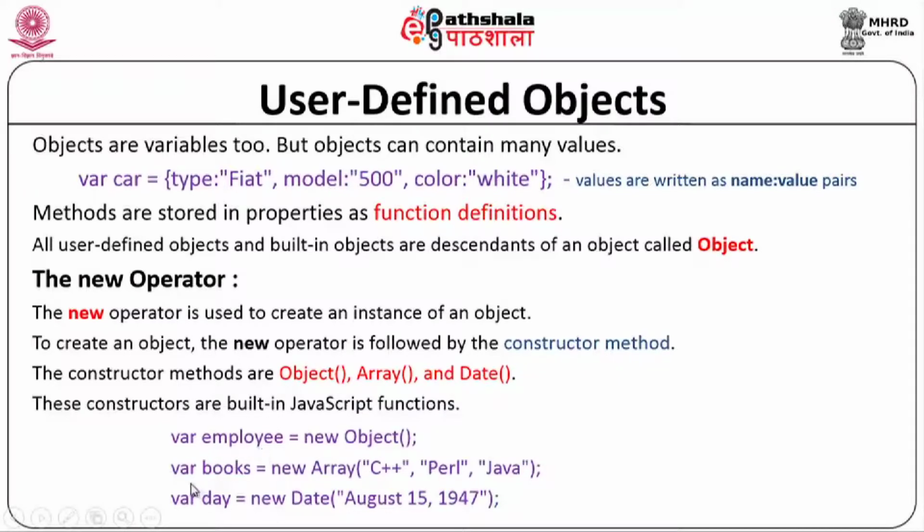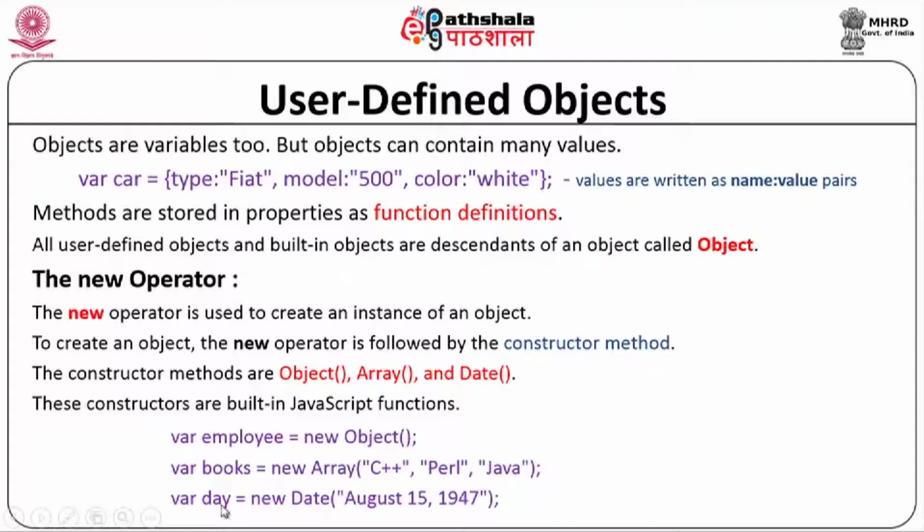Now here you create an array, as we have seen in the earlier slides. Creating an array uses the object name Array. Array is a predefined object in JavaScript. So you create a variable called books and then use the Array object to create an array. In the third statement, you create a date object, using an object called Date.